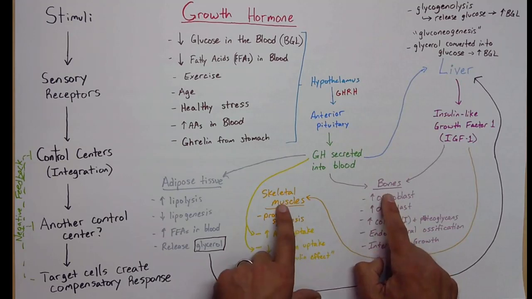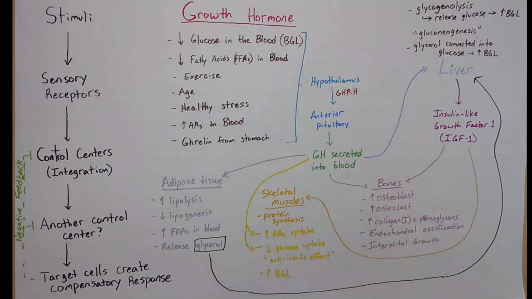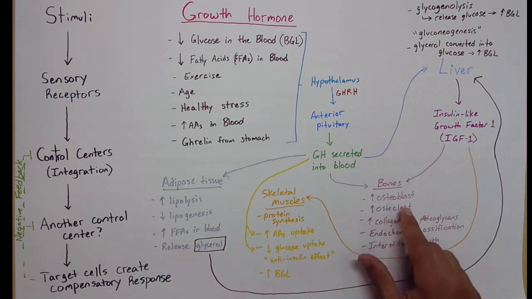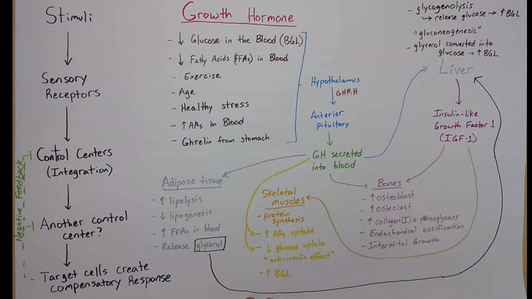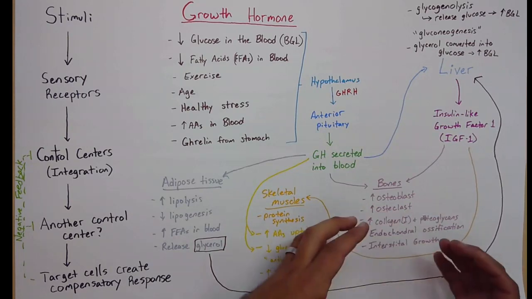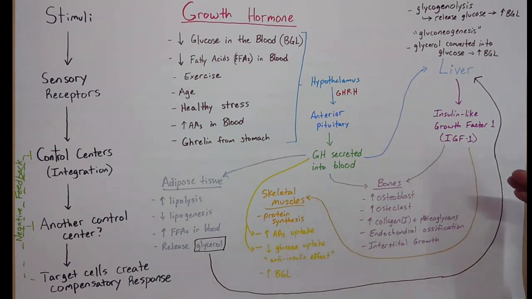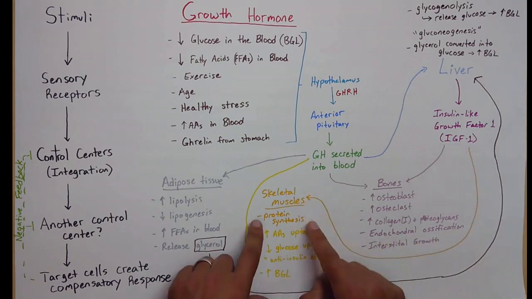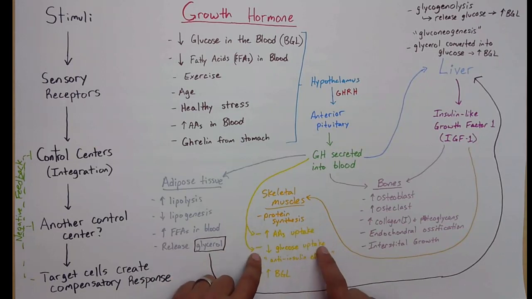Bones, skeletal muscle, two really potent places for IGF-1 to go to, but it also goes to all the other cells in the body, helping with cellular division, cellular repair, cellular differentiation. It's not just bones and skeletal muscles, that's what we put on here. In bones, it's going to increase bone growth, both in width and also in length. In skeletal muscles, it's going to try to make new muscles, but not at the expense of glucose.